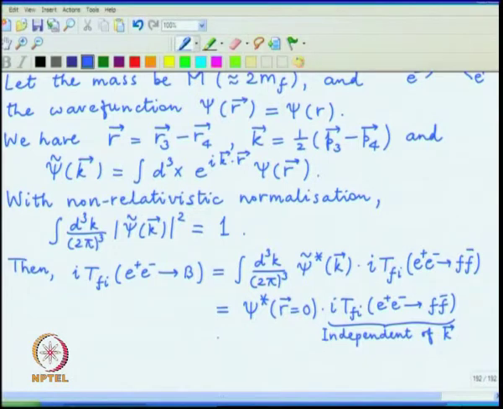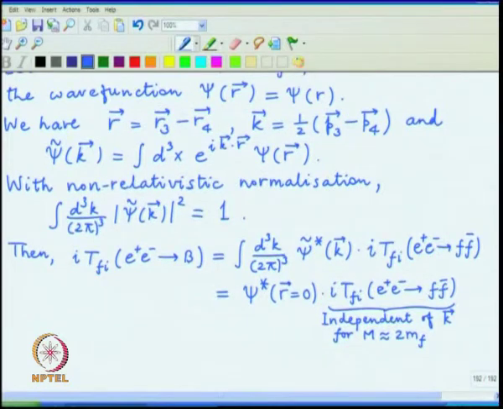So, we have this rather simple rule. All we have is now just the wave function at the origin, which is characterized by the type of bound state in the non-relativistic calculation, and the relativistic perturbative factor which we have already calculated before, and just put them together.